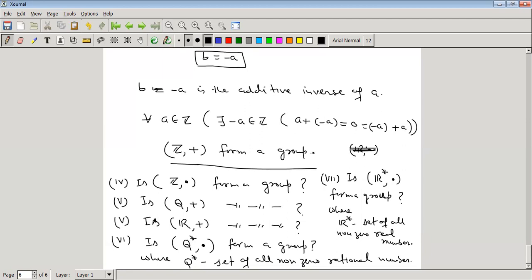Where R is the set of real numbers. मैंने जानबूझ के इसमें स्टार में डिफाइन किया कि सारे के सारे नॉन जीरो रियल नंबर्स हैं, इसमें जीरो इंक्लूड नहीं है. सिमिलरली क्यू स्टार में जीरो नहीं है, फिर ये ग्रुप बनता है कि नहीं बनता है, राइट?